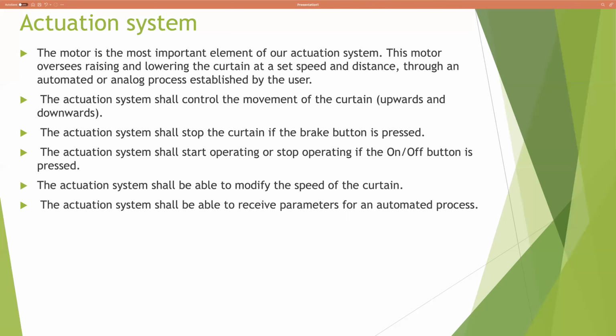The actuation system shall be able to receive parameters for an automated process. So the automated actuation system and the sensors: you need both of them.